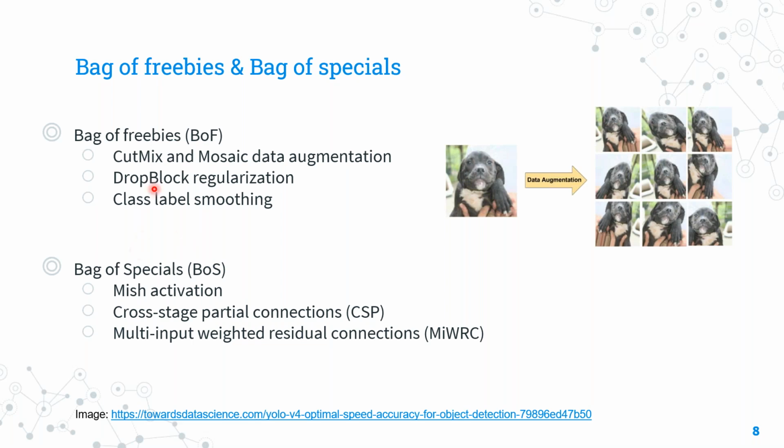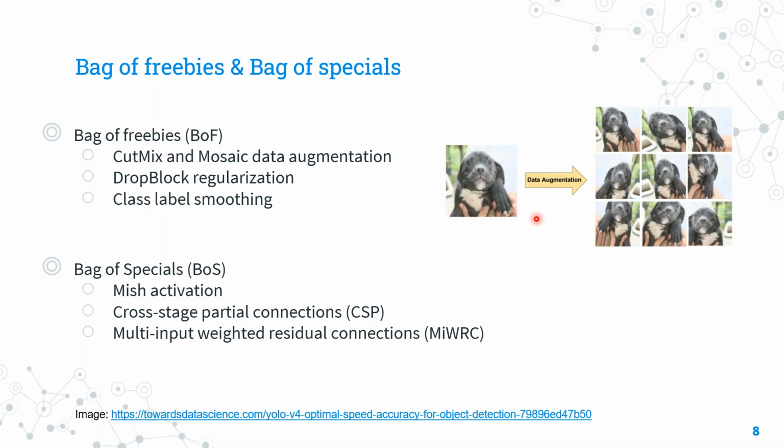These categories are bag of freebies and bag of specials. Bag of freebies methods can make the object detector receive better accuracy without increasing the inference cost. These methods only change the training strategy or only increase the training cost. An example of a bag of freebies is data augmentation, which increases the generalization ability of the model.